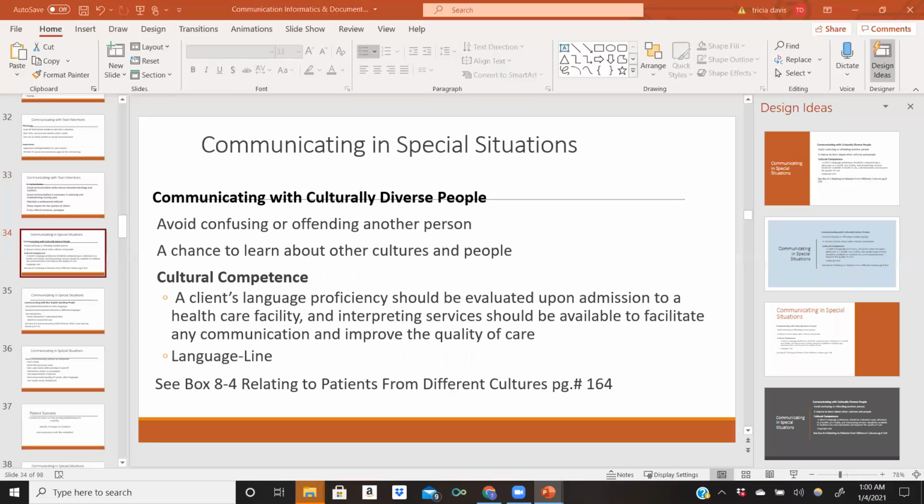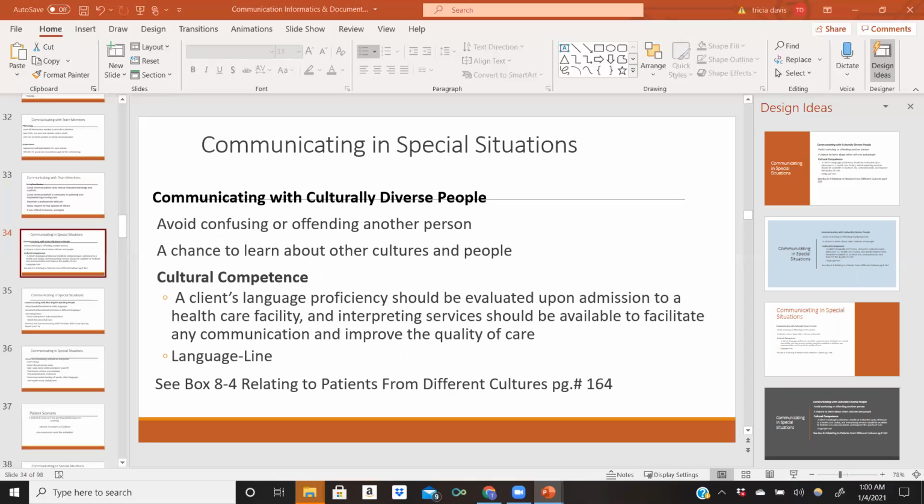So, communicating with culturally diverse people. You want to avoid confusing or offending another person. Sometimes this happens and you don't even realize it. In some cultures, it's disrespectful to make eye contact. In some cultures, it's disrespectful not to make eye contact. We don't know everything about every culture.